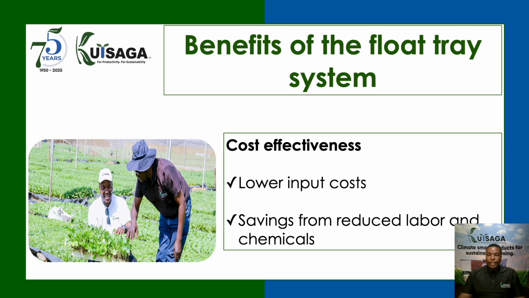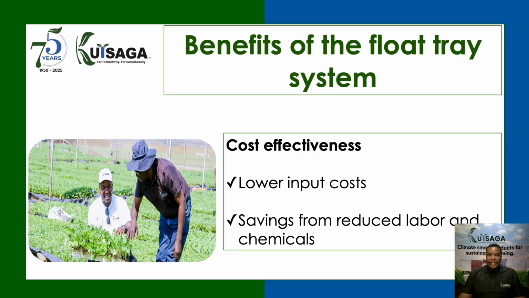If you look at the third column now, you're looking at the float tray system in subsequent years, right? There's a drastic reduction in the costs required to run the system, almost by half. And last but not least, the column on the far right has the costs for running a conventional seedbed system.